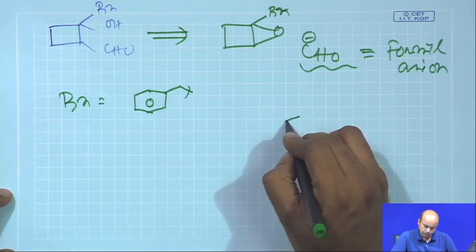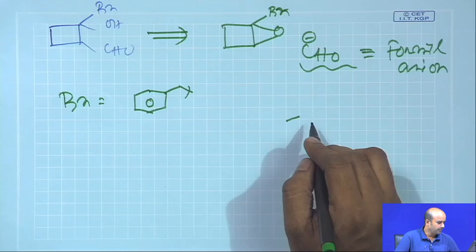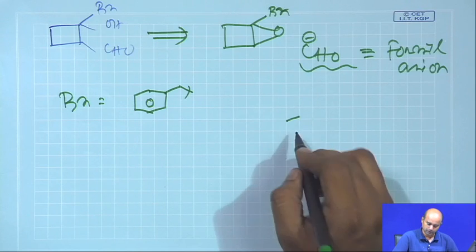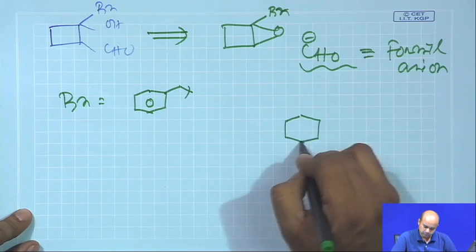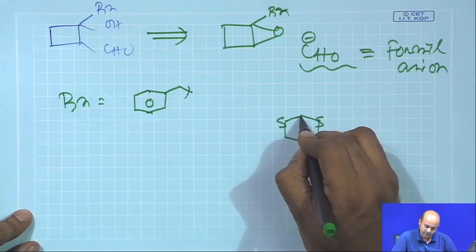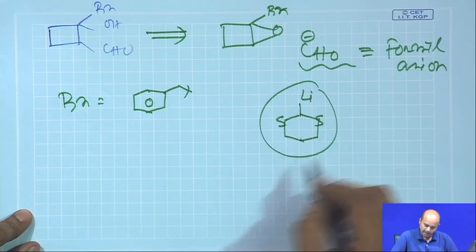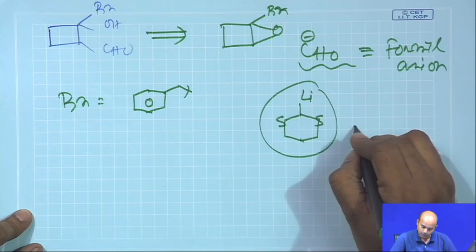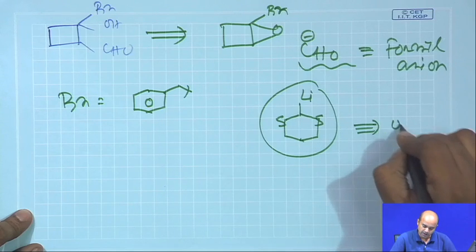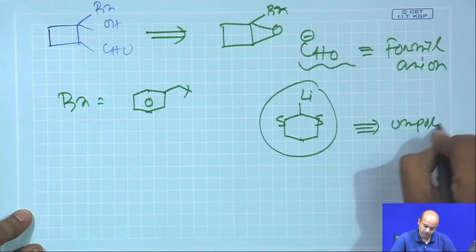Now, the synthesis which was devised here, basically we will have a similar kind of pathway. If you have a 1,3-dithiane derivative with a lithium species, which all of us know, this can give you an umpolung species where the charge has been reversed.